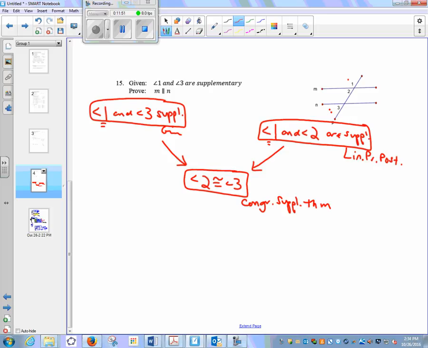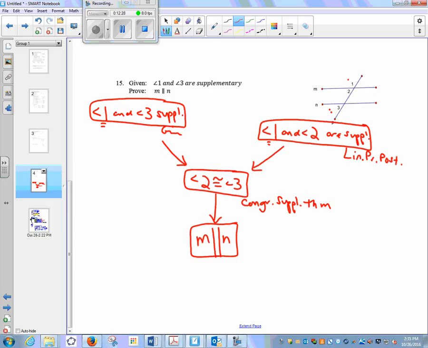Well, now if 2 is congruent to 3, can I say M is parallel to N? Am I ready to say that yet? Yep. If 2 is congruent to 3, now I can say M is parallel to N. $1,000,000 question, why? Good.